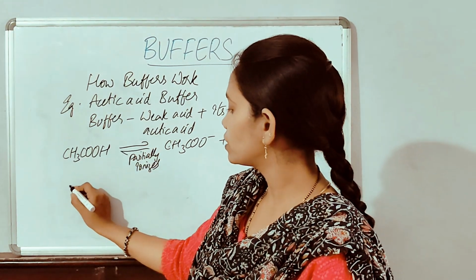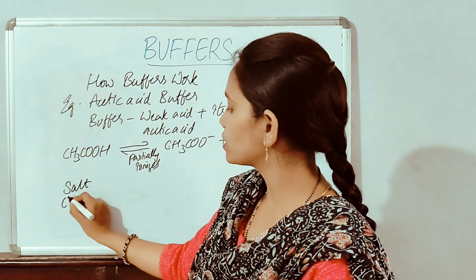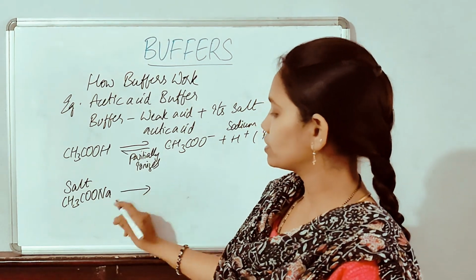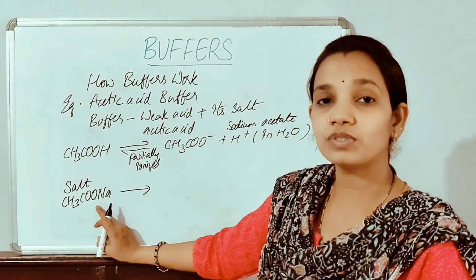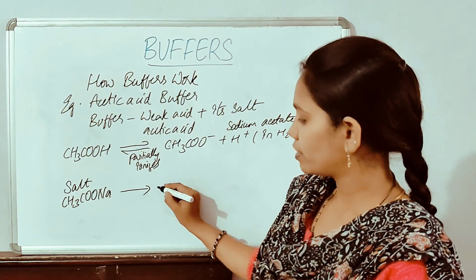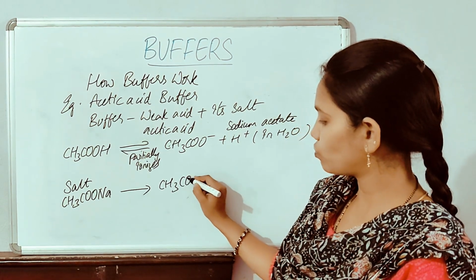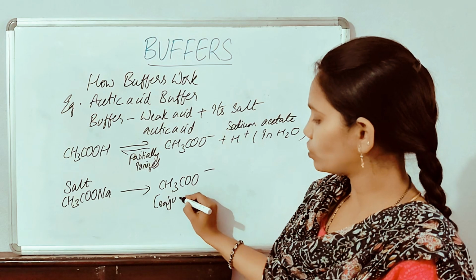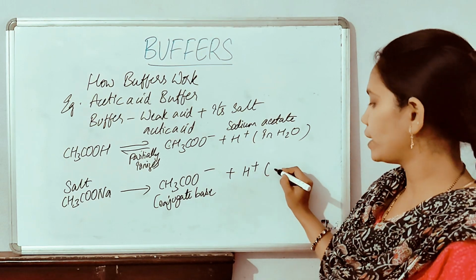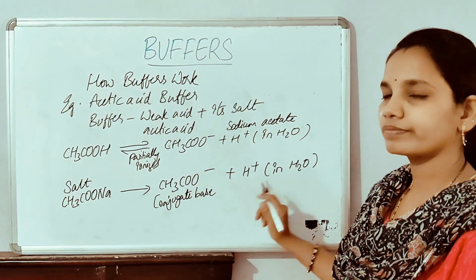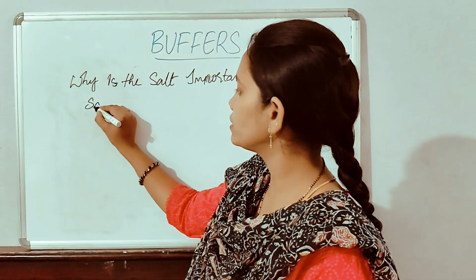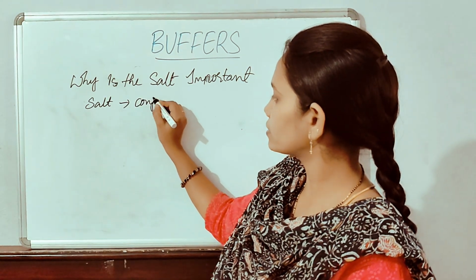Now let's see about its salt, that is sodium acetate. Again, this is a neutral compound that produces conjugate base when dissolved in water. Let's see, CH3COONa dissociates into CH3COO minus, this is a conjugate base, plus Na plus when dissolved in water. Now let's see why the salt is important. Because salt provides conjugate base.